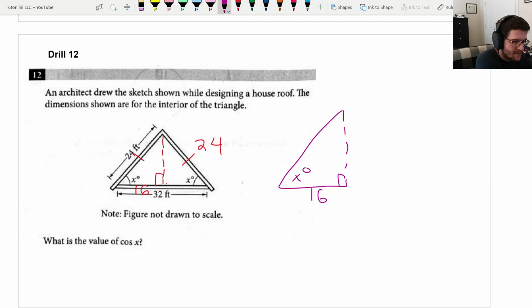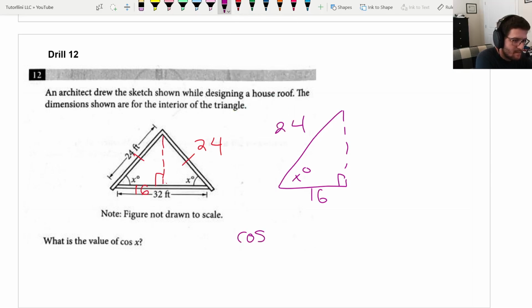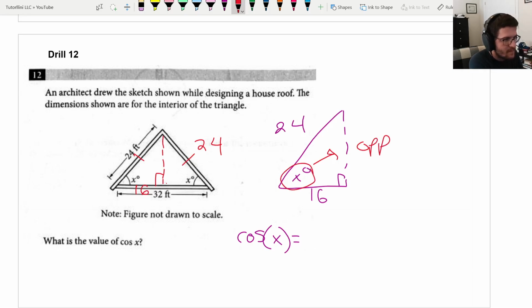This is x. And this is 24. So we're going to do cosine of x. Opposite is across from the angle. Hypotenuse is across from the right angle.